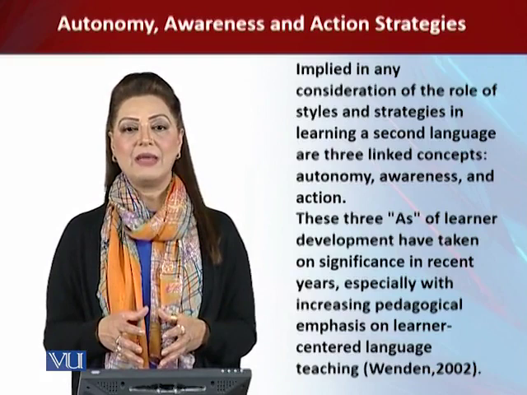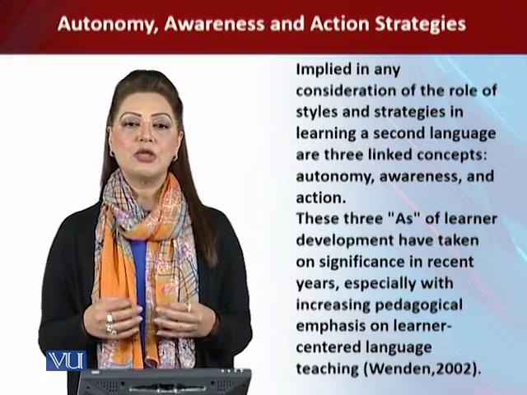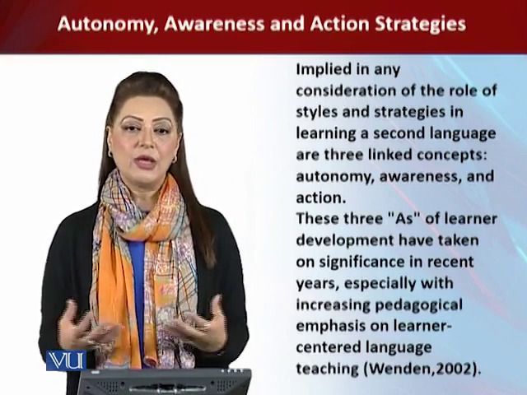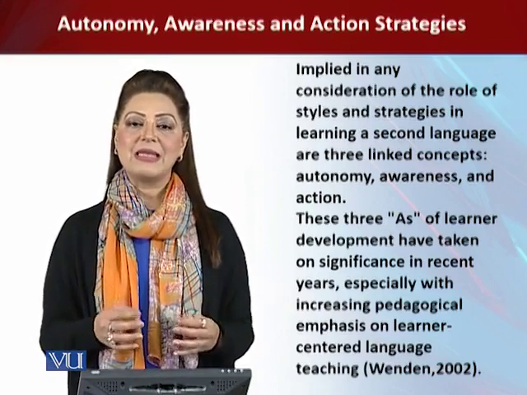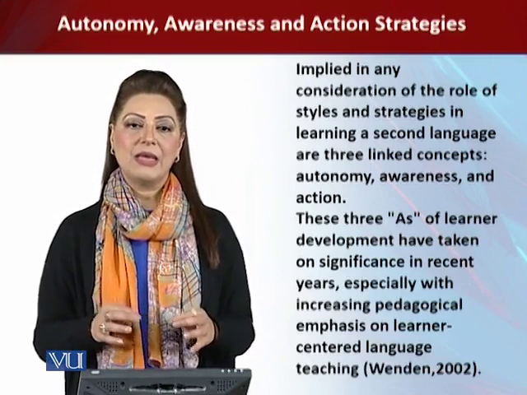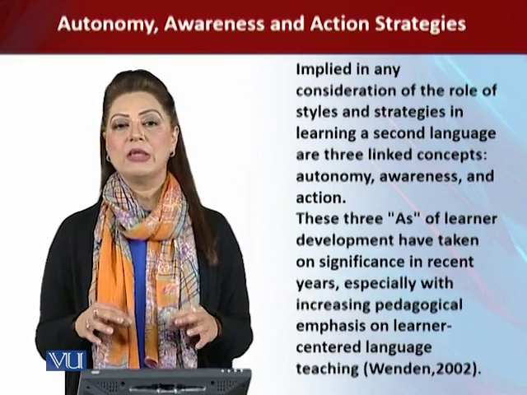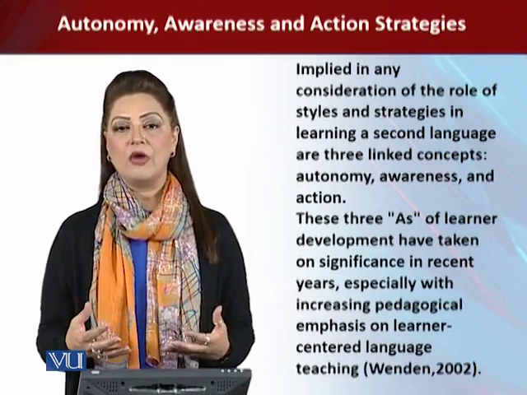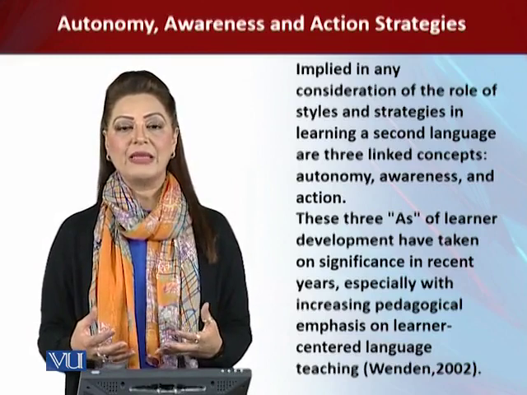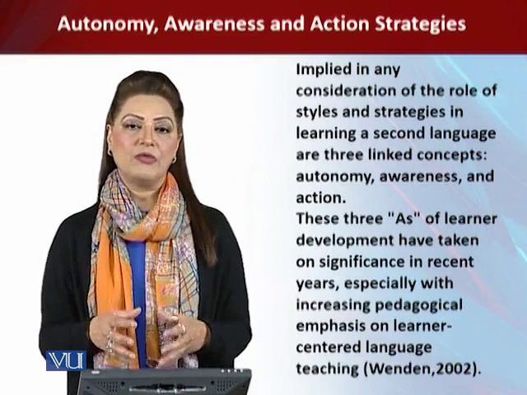The second A, which is awareness. Awareness is a learner should be able to be aware of what is happening around him or her. It's seen that an autonomous learner is somebody who is aware of the situation, the content, the form of language to be used, and therefore this awareness adds to the autonomy of a learner.